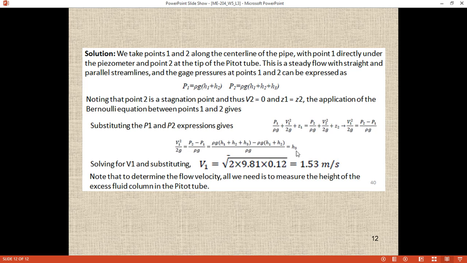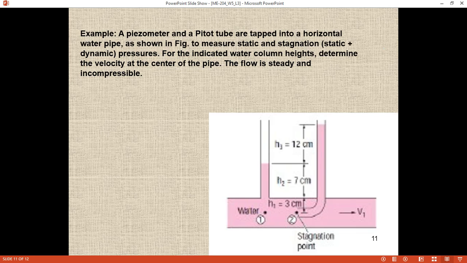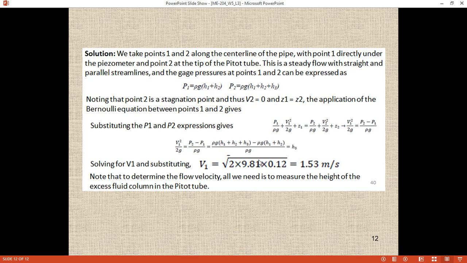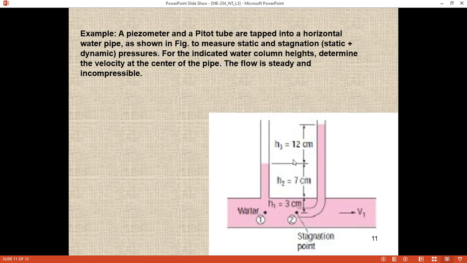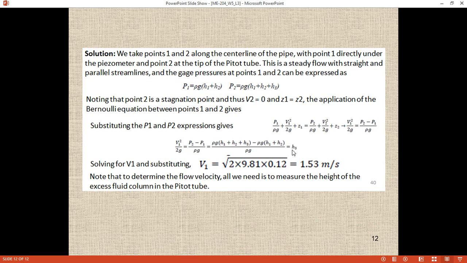H3 is equal to 12 centimeter, because this height and this height cancel each other, and only this height remains. So V1 is equal to the square root of 2 into 9.8 into 0.12. We converted centimeter into meter by dividing by 100, so this is 0.12 meter. When we simplified it, we got 1.53 meter per second.